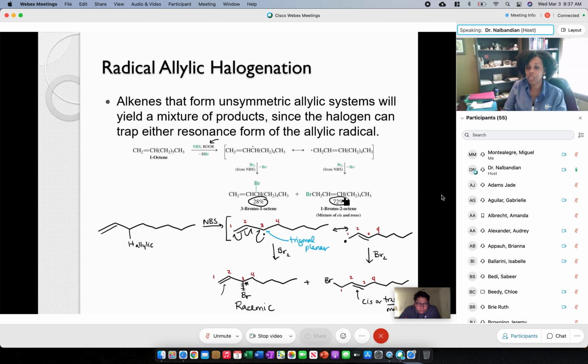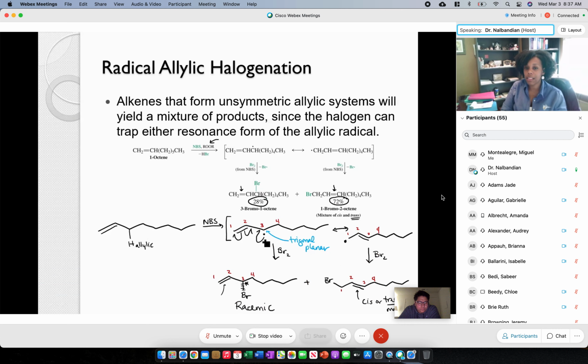And then we get a 72% yield of this other product, a mixture of cis and trans, but as we said, trans is going to be major. Why are we seeing this 72% yield here for this product? It's most likely due to the stability of the alkene product. This internal alkene is more stable than this terminal alkene.